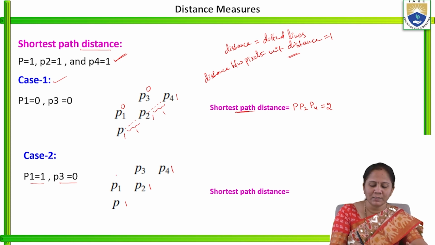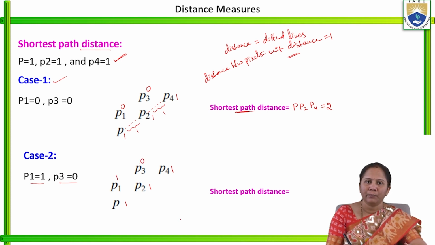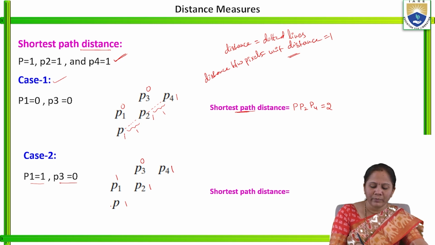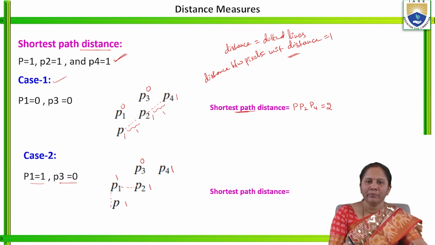So here P1 is 1, P3 is 0. So in order to find the distance, here we can have different paths, like, from P to P1, from P1 to P2 and from P2 to P4. This is one path. And another path may be directly from P to P2 and from P2 to P4. So here there are two paths available.